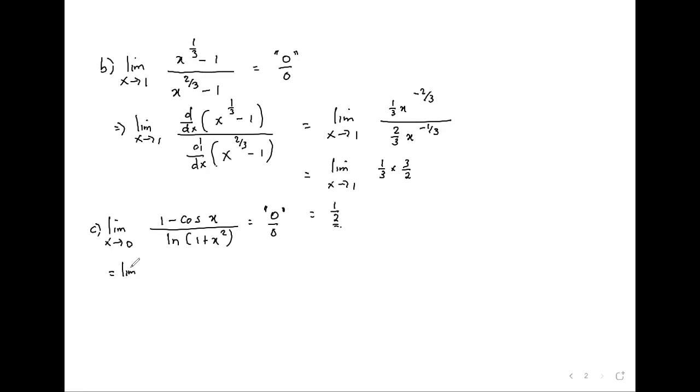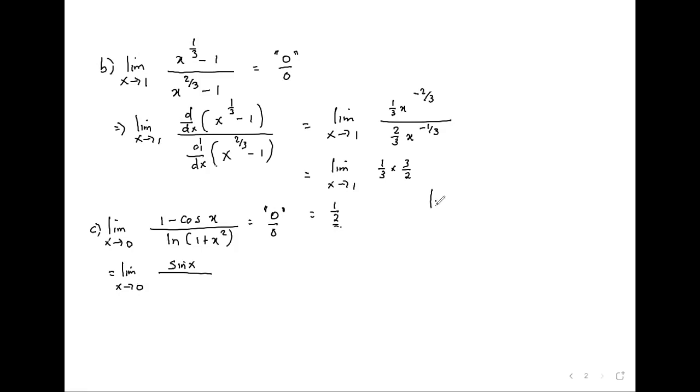So we have the limit as x goes to 0. We differentiate the negative of cos x, and we get a positive sin x over the derivative of ln(1 plus x) squared.